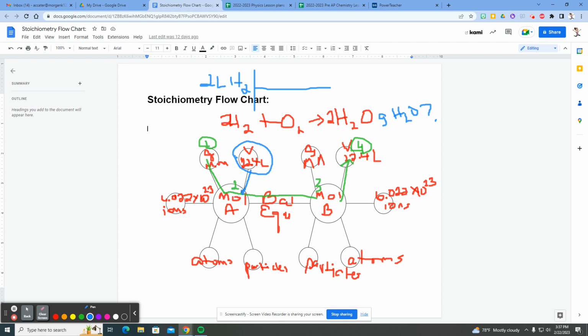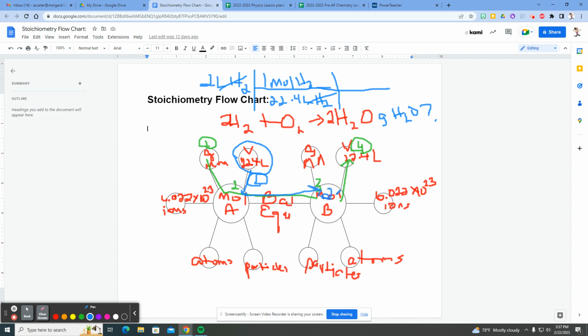I'll go to moles of hydrogen, so that's going to be my step 1. According to that, there are 22.4 liters of hydrogen in 1 mole. Okay, so my liters cancel out. And then I'm going to go from moles of hydrogen over to moles of water.